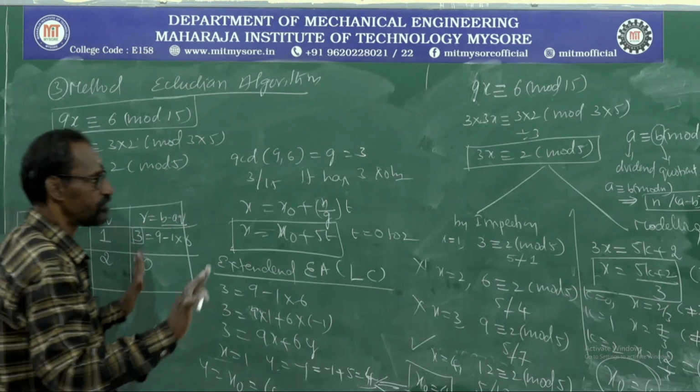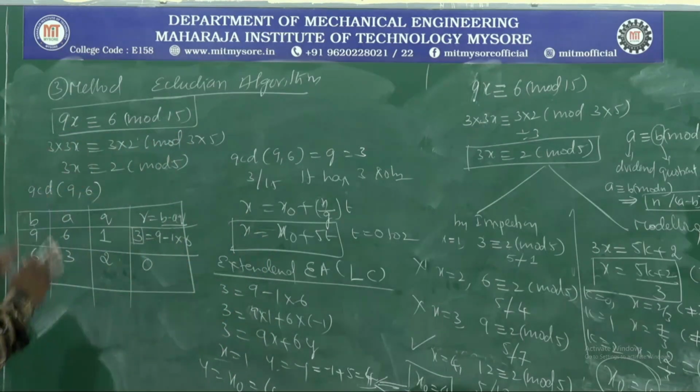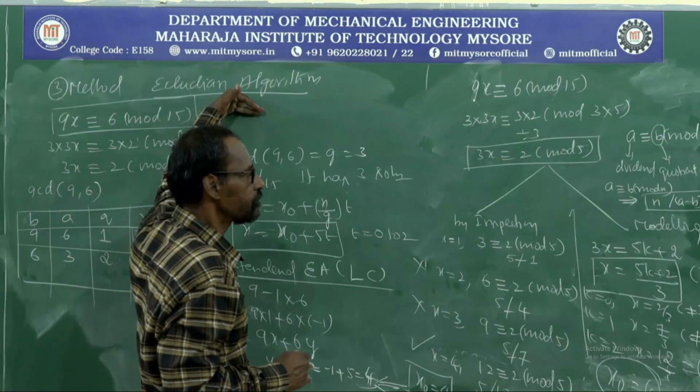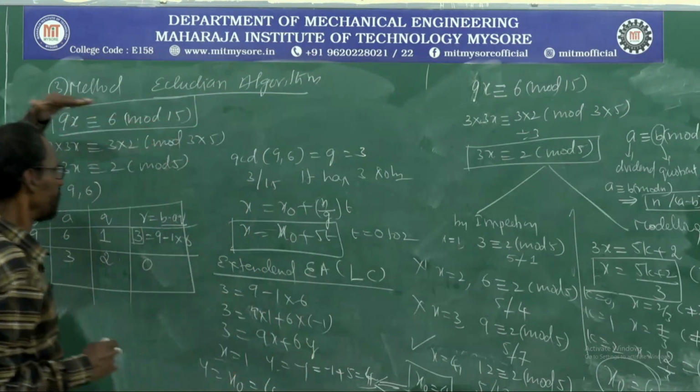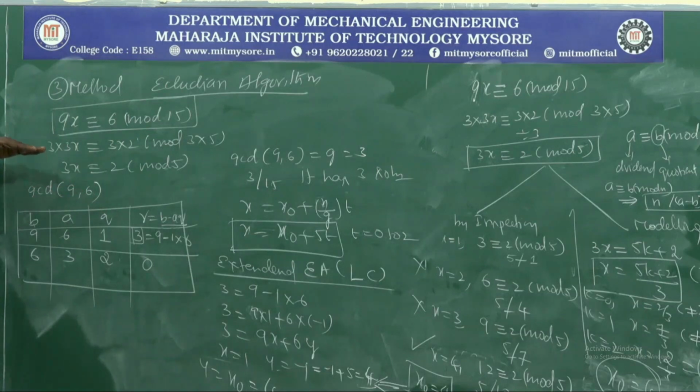Again there are 3 approaches. I am recalling this because it is very important for the next level. When you have a linear congruence, first recognize that it has a solution. Next, if it has a solution, how many solutions? Unique solution or many solutions.